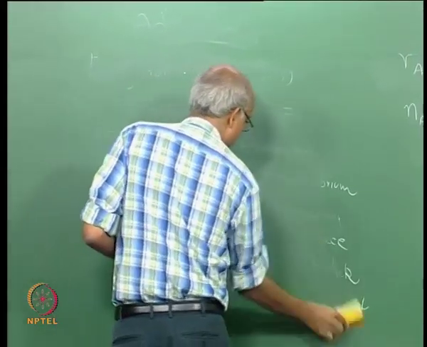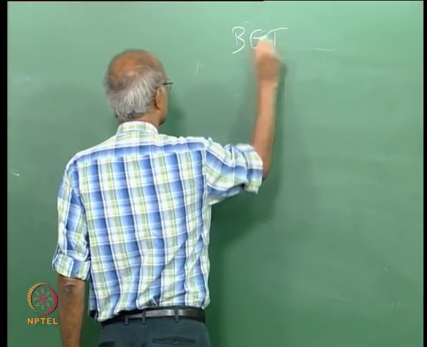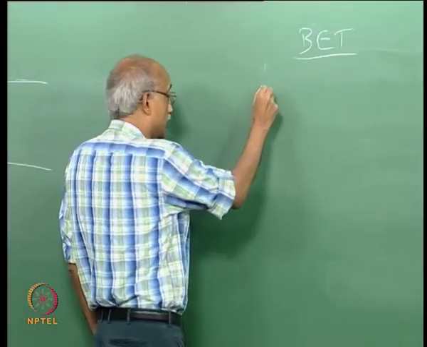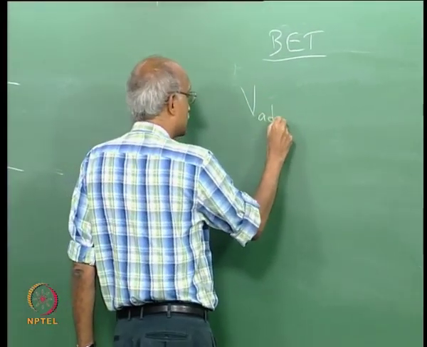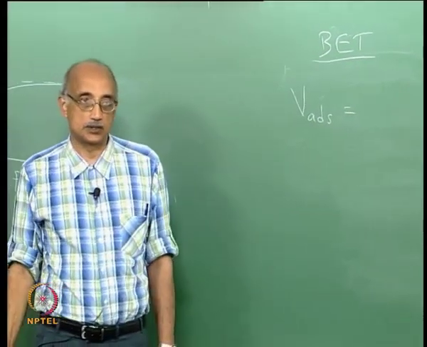Now, if you look at the adsorption equation in the BET model, again the pressure plays a key role. But the adsorption process itself is related in terms of an adsorbed volume of gases on the surface.